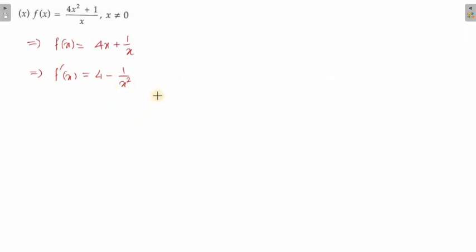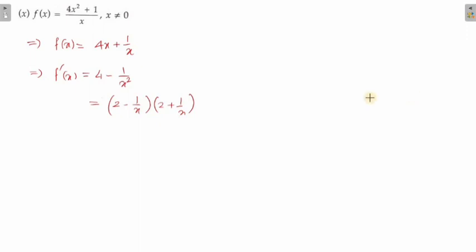Applying the a square minus b square formula, you get 2 minus 1 by x into 2 plus 1 by x. So that's what we are going to get.